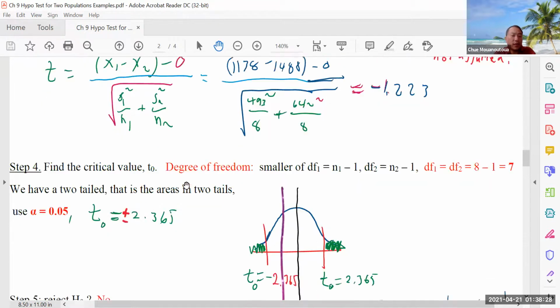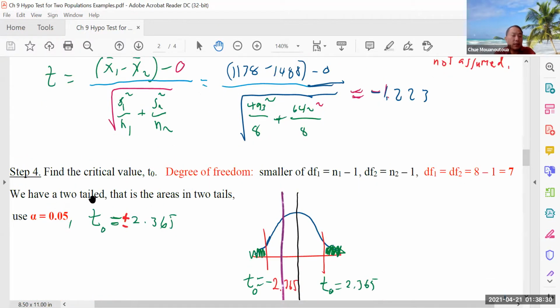If we have two tails, then we have the area in two tails, which is 0.05, which is the alpha. So look up the table. Degrees of freedom is 7, and area in two tails is 0.05.